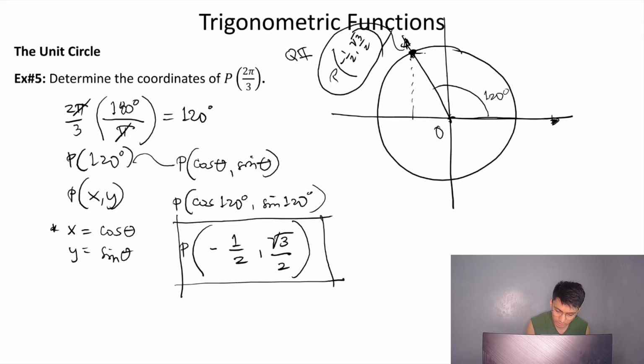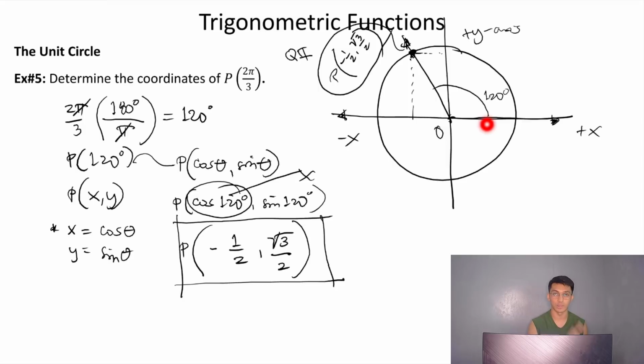Negative 1/2 kasi yung ating cosine or yung ating x, ay nasa quadrant 2 na, negative na siya talaga. Ito yung negative x-axis natin. This is a positive. And yung ating sine 120, nasa positive y-axis pa din. Therefore, negative 1/2 and square root of 3 over 2 ang coordinates ng angle 120 natin.